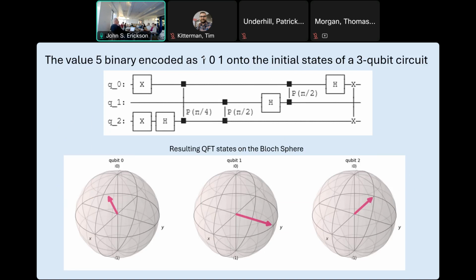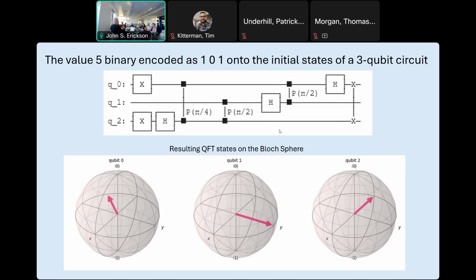So they encoded it in here. And in qubits, the initial state of any qubit is 0, okay? And this X gate essentially flips it over so it's a 1. So what they've started with here is these qubits set in the 1, 0, 1 state as 5.